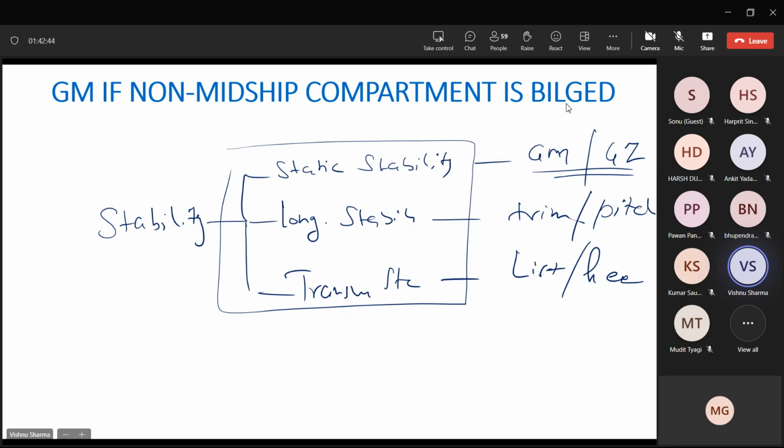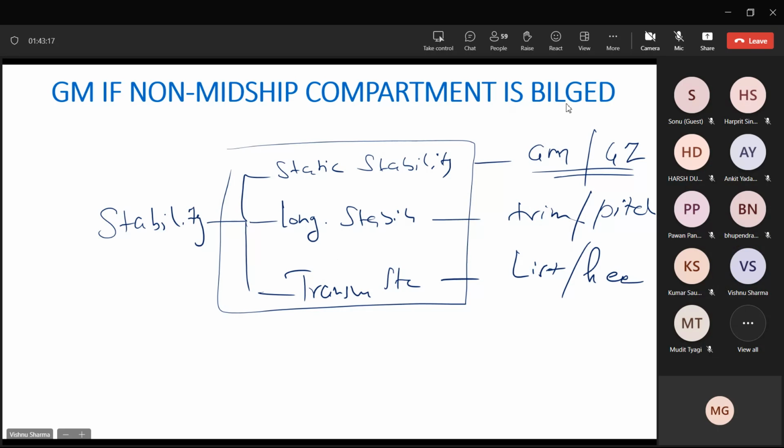Now, if you recall your MV Hinship questions, suppose you are loading some cargo in number one hold. Suppose the ship was floating at 10,000 tons displacement with a KG of 7 meters. And now you load 1,000 tons in number one hold. Then the displacement becomes 11,000 tons.